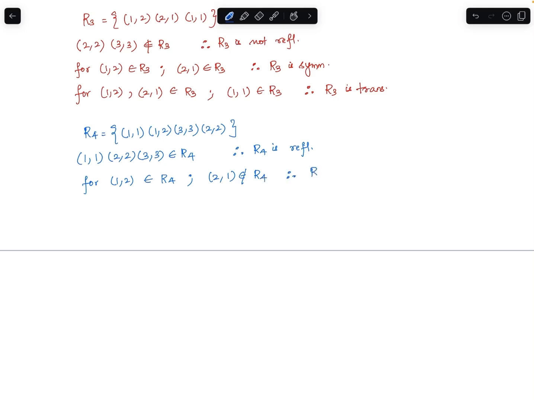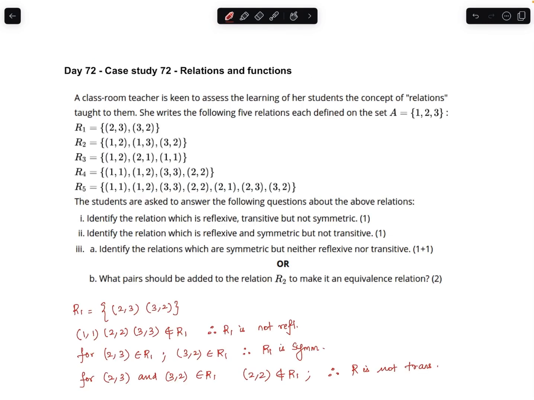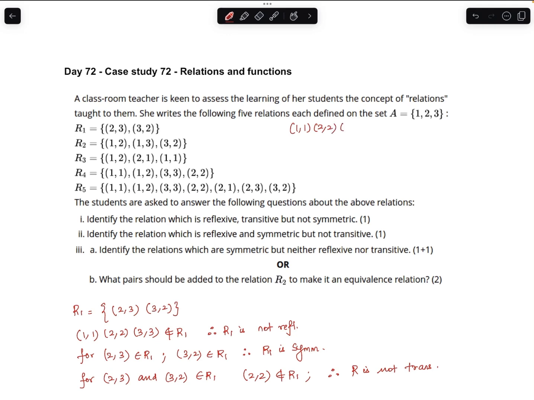Therefore, R4 is not symmetric. For the ordered pair 1, 2 and 2, 2 in R4, 1, 2 is present in R4. Therefore, R4 is transitive.